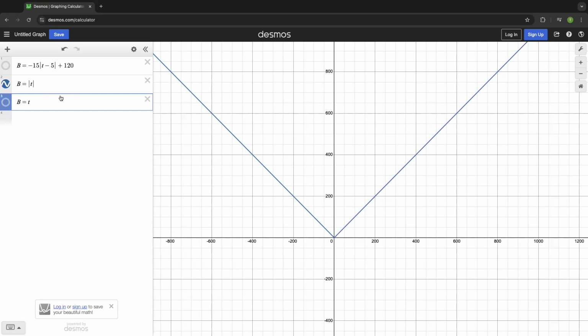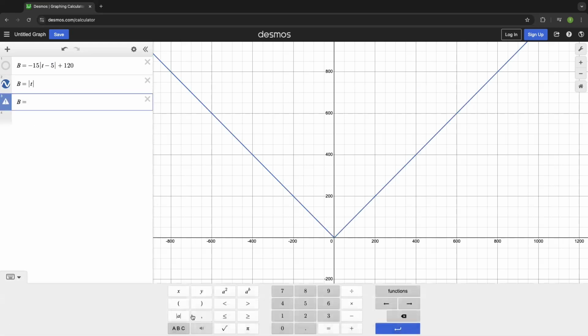Now the next thing I'm going to do is shift this to the right 5 units. See how we have this -5 here? That's what shifts the graph to the right by 5 units, as I'll show you here. So this is b is equal to the absolute value of t, and then I'm going to show you b is equal to the absolute value of t minus 5.